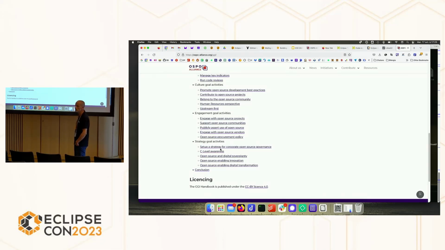So I just wanted to say, I would see value in having these strategic goal activities, not necessarily being the end of the journey, but perhaps running in parallel with some of the other stuff that's going on. Because certain parts of the organization will move at different speeds. So I would have imagined that for all of these things, you have certain parts of the organization moving faster than others. Some people may already be doing open source. Some people may not know what it is. You want to be doing things in parallel in some organizations.